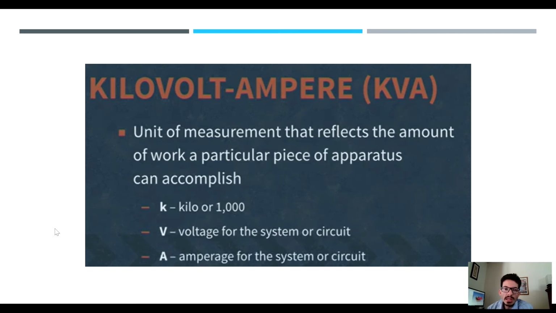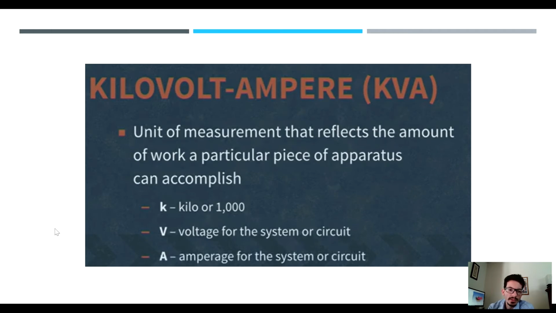But the unit used for the amount of power, or the size of the transformer, is usually kVA, kilovolt ampere. The K, the kilo, stands for 1,000. V is the voltage of the system, and amps is the current through the system.